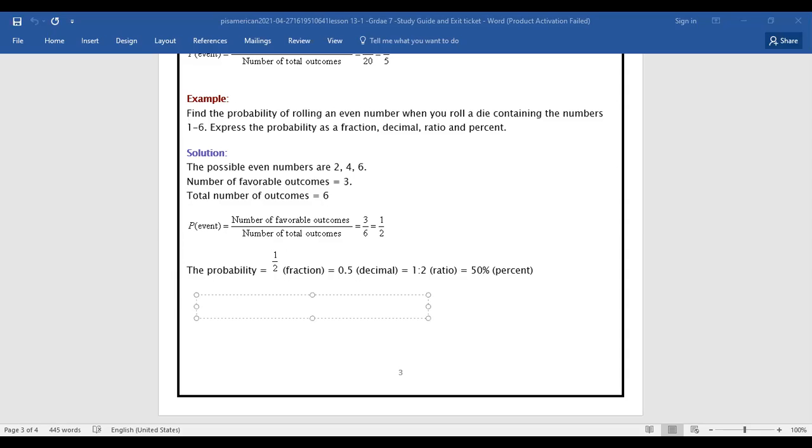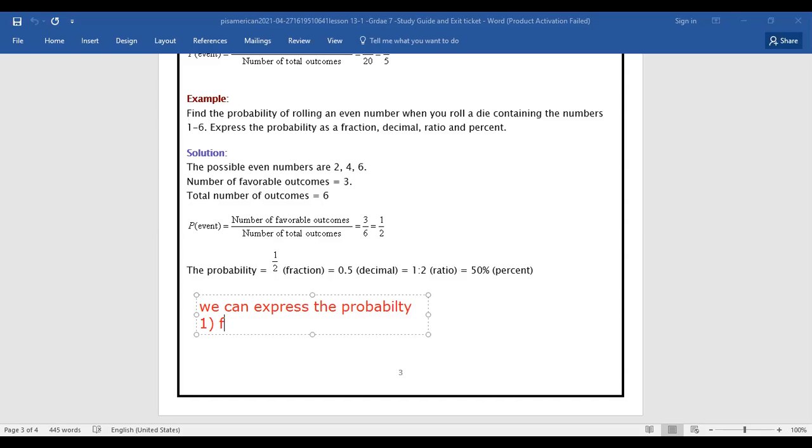We can express the probability in how many different ways? Let's say 4.